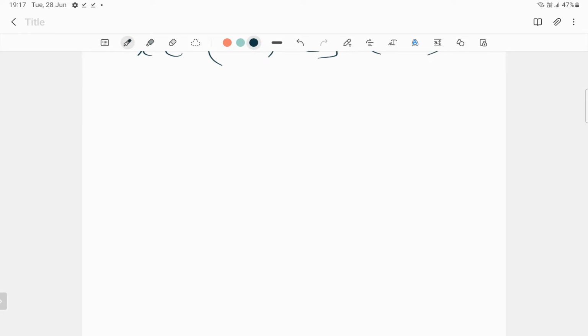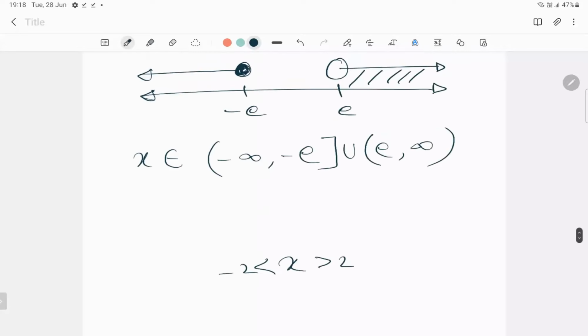So all natural numbers, all integers, all whole numbers, everything is an infinite set. Now, a finite set is like x greater than -2 but lesser than 2. It's a finite set, right? We can count the numbers.